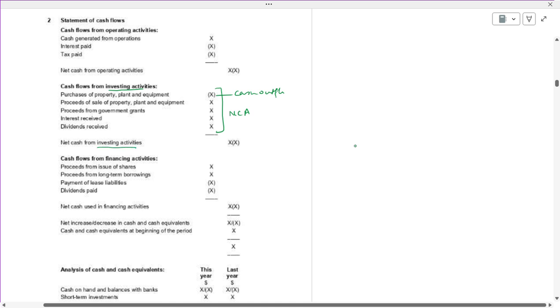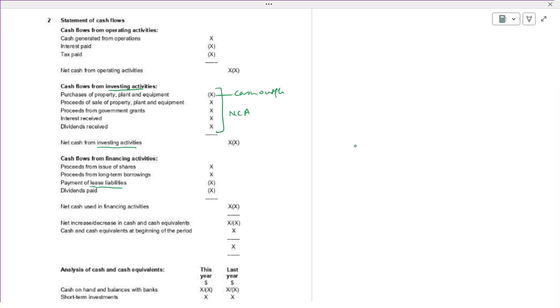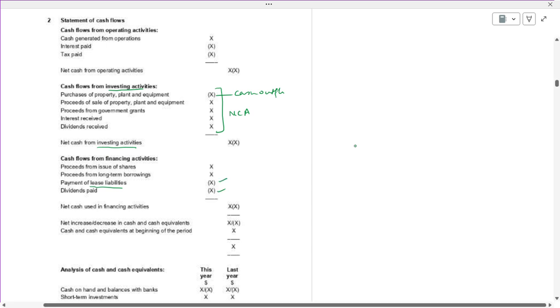The third one is financing. In financing, if you have sold any shares or got any loans, you have to add. Any lease liabilities paid should be deducted, and any dividends paid as well.